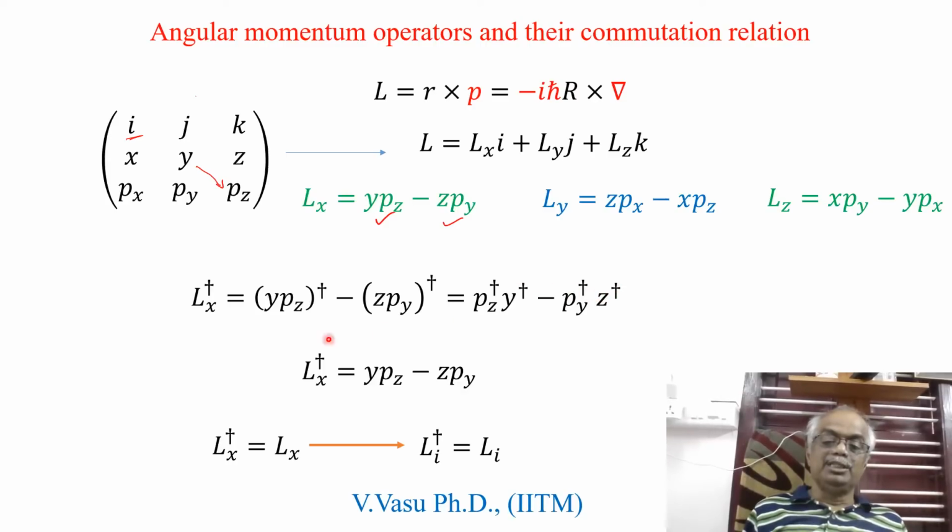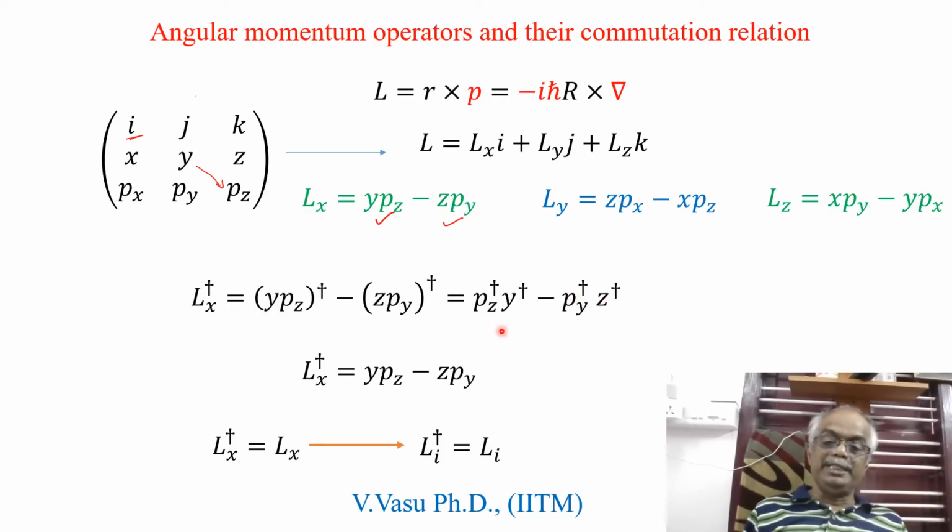Since position and momentum operators are Hermitian operators, pz dagger is equal to pz, y dagger is equal to y, and also the y component will commute with the z component of the momentum, so you can interchange. So I am writing this as ypz. Similarly, here py dagger will become py and z dagger will become z.